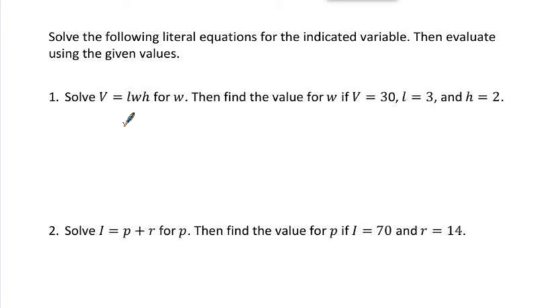The inverse operation of multiplication is division, so we will divide both sides of the equal sign by the unwanted factors, in this case, length and height. And now we have W by itself, equal to volume over length times height.